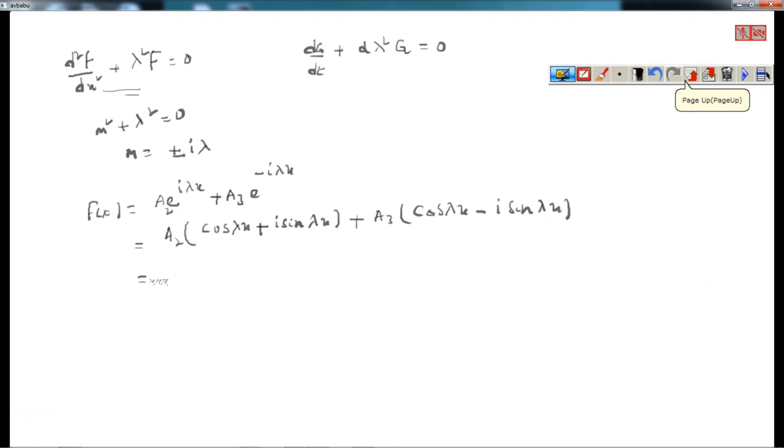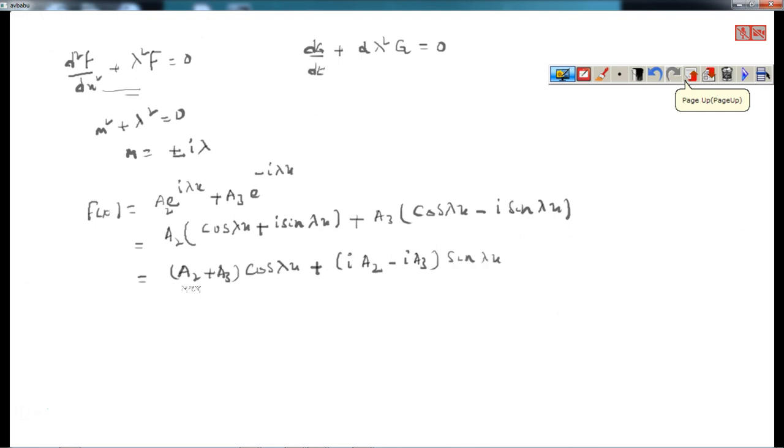That is equal to a2 plus a3 of cos lambda x plus i a2 minus i a3 of sin lambda x.